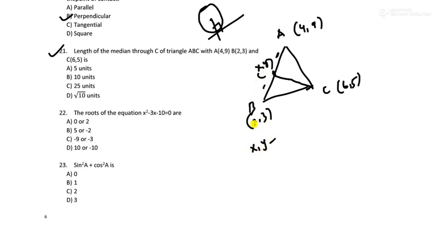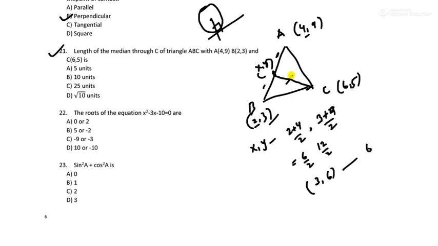So x comma y is x1 plus x2, 2 plus 4 by 2, comma 3 plus 9 by 2, right? So this is 6 by 2 and this is 12 by 2, this is 3 and this is 6. 3 comma 6 and 6 comma 5, the distance between 3 comma 6 and 6 comma 5. The formula is x2 minus x1 whole square plus y2 minus y1 whole square, right?